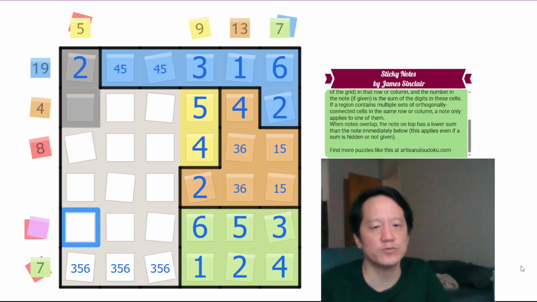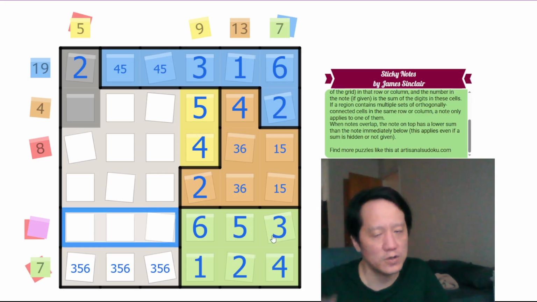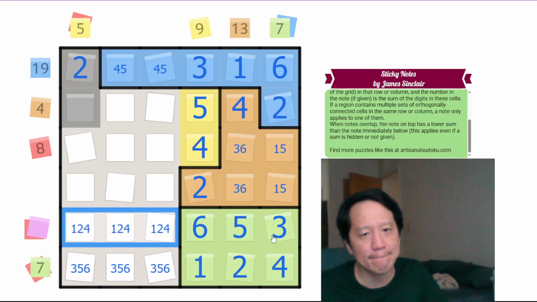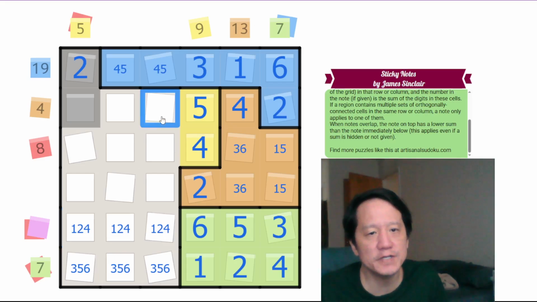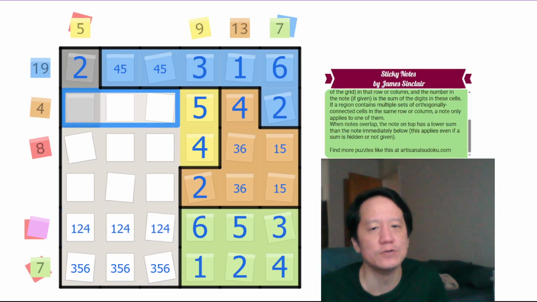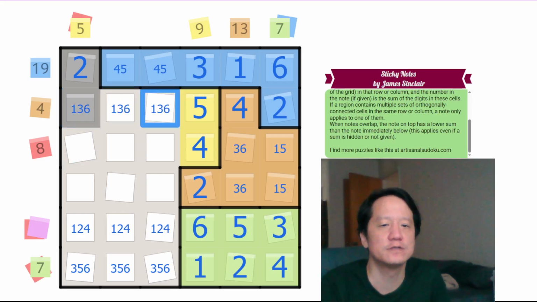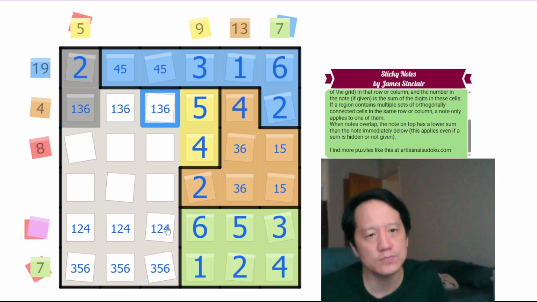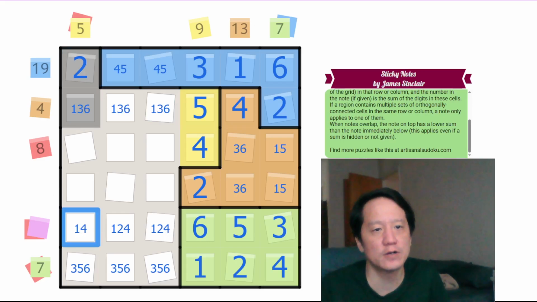Remaining digits of row 5 are 1, 2, and 4. Remaining digits of row 2 are 1, 3, and 6. And so 2 eliminates 2 there.